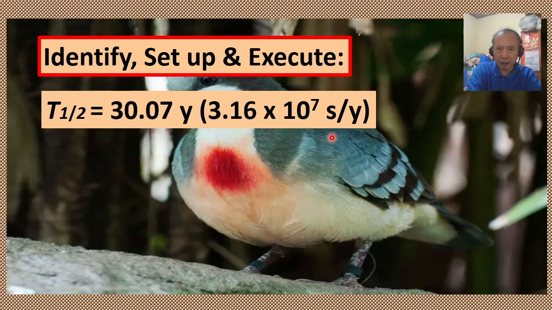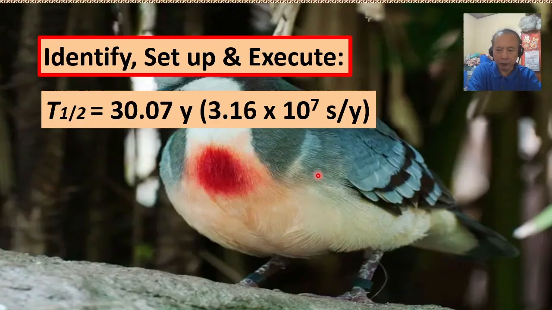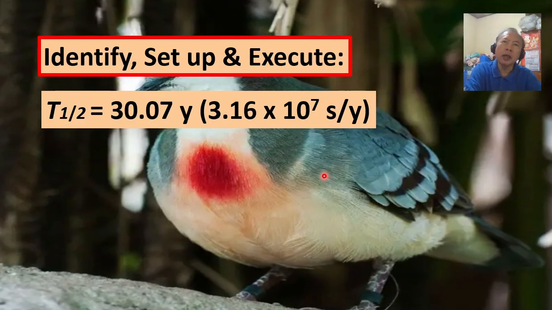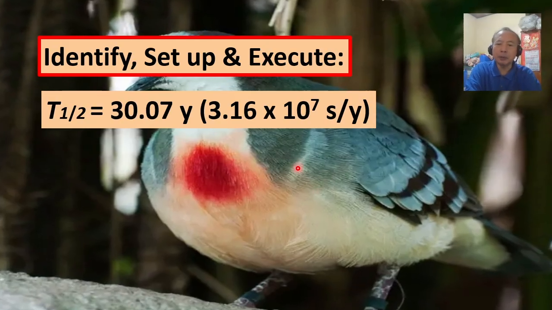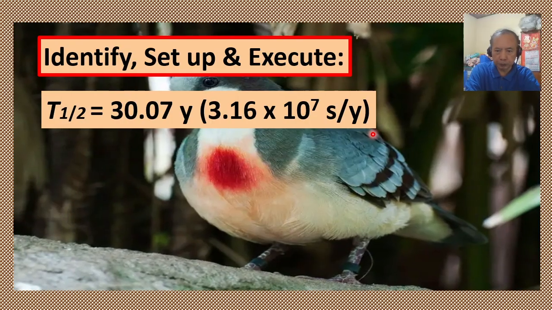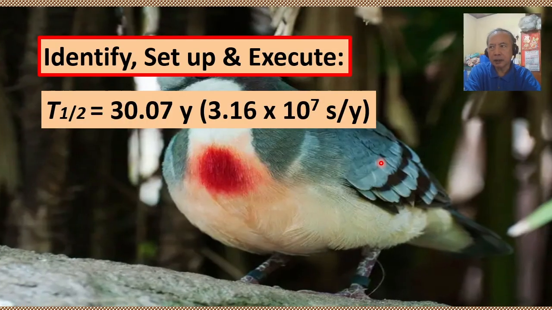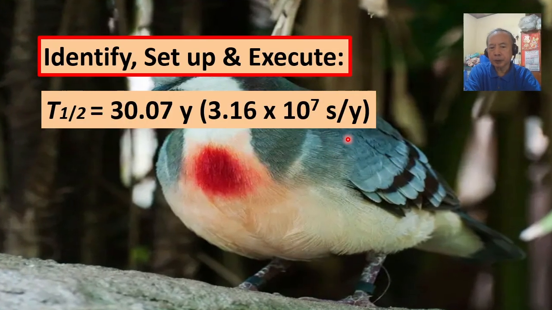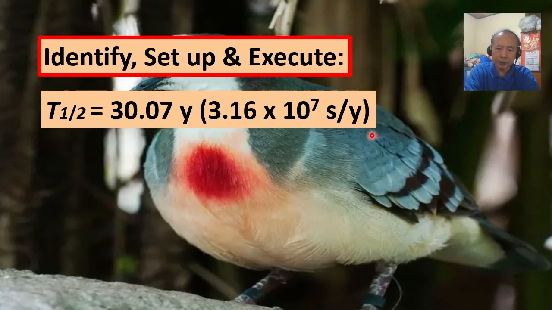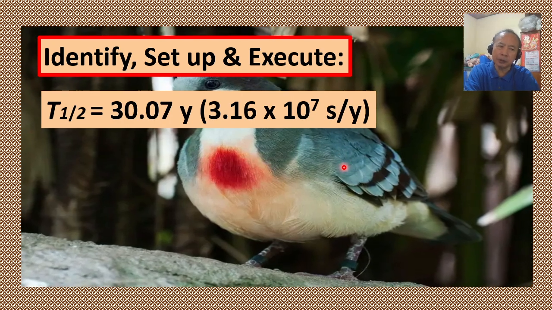Remember that this isotope is decaying into another type of unstable isotope, earlier illustrated, such as barium.